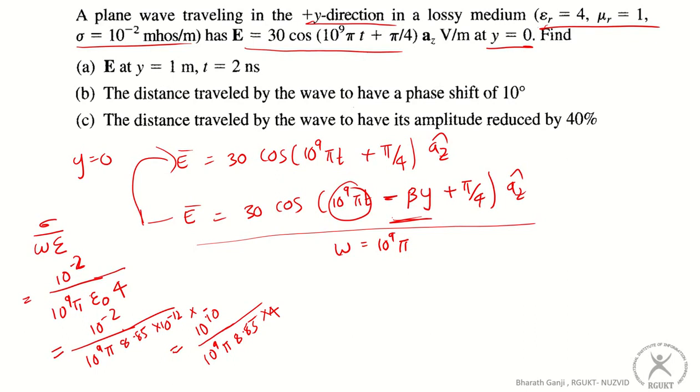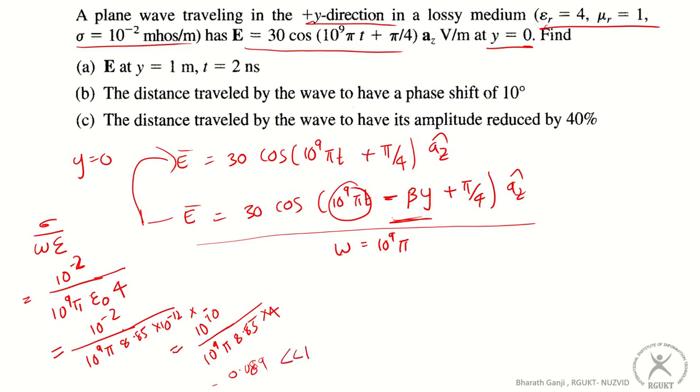Let me check. It is 10 divided by 8.85, divided by 5, and again divided by 4. So it's a very small number, 0.08 or something, right? Which is very much less than 1.